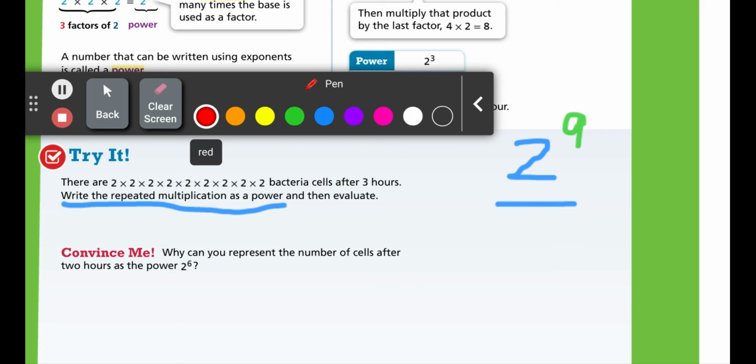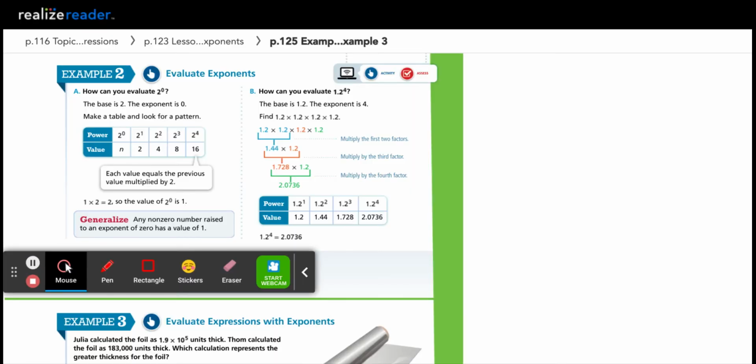I need to be using my calculator. 128 times 2 is 256, and 256 times 2 is 512. So 2 to the 9th power is 512.